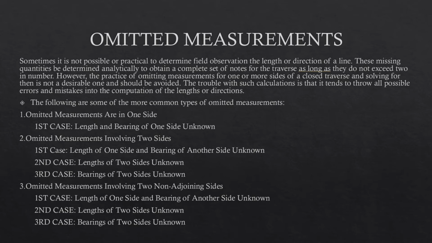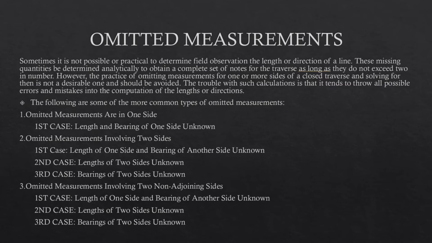Okay, so sabi dito, sometimes it is not possible or practical to determine by field observation the length or direction of a line. So, ibig sabihin, hindi natin pwedeng makuha or missing nga. So, i-compute natin yon. These missing quantities may be determined analytically to obtain a complete set of notes of the traverse as long as they do not exceed 2 in number. So, dalawa lang.